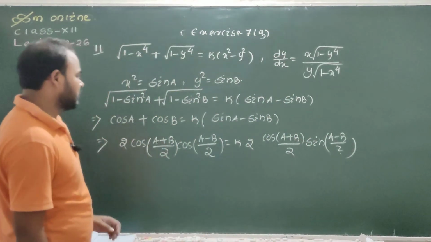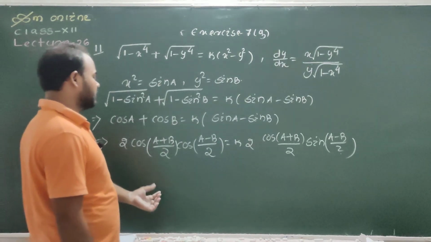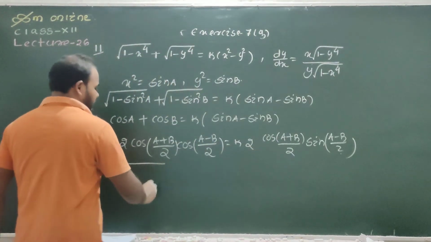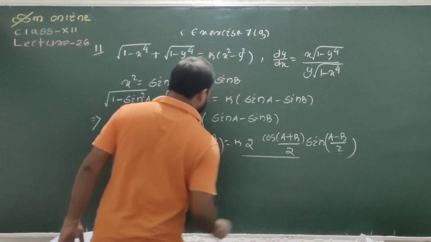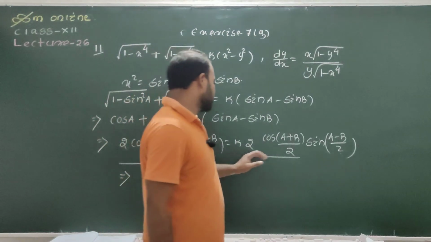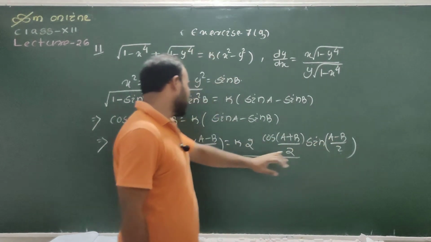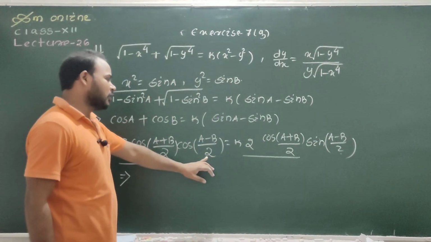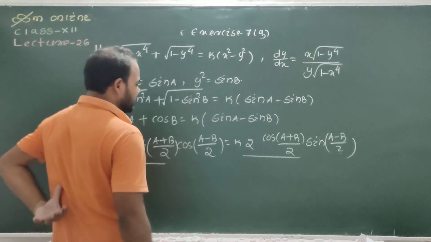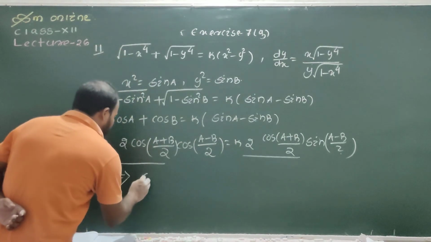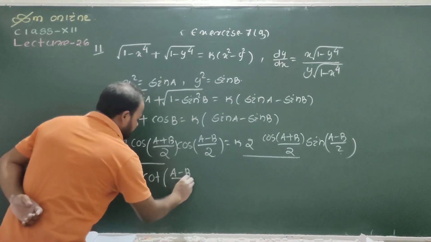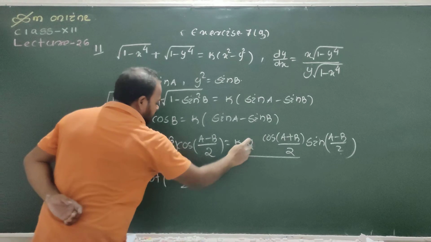Okay, now 2 cos of a plus b by 2 and 2 cos of a plus b by 2 are cancelled. This term and this term are cancelled, and finally we get here cos of a minus b by 2 upon sin of a minus b by 2 equal to what? This is cot of a minus b by 2 equal to k.